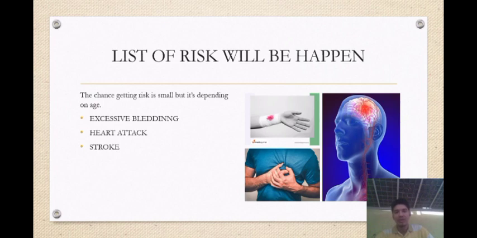If the patient is old, like an old man or old woman, this risk will happen to them, such as excessive bleeding. Examples on my list are heart attack and stroke.